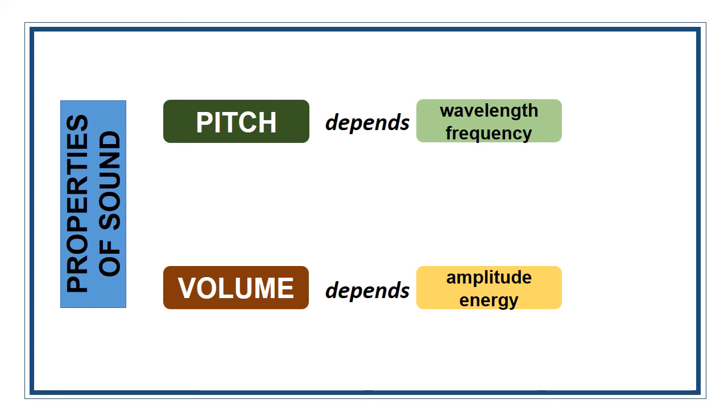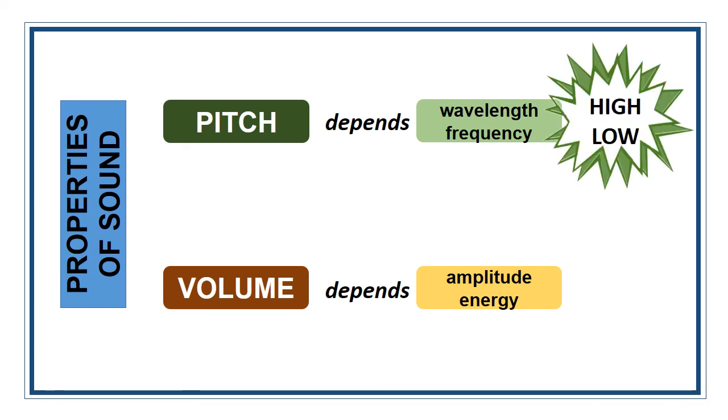And when we talk about pitch, we are going to use these two words, high or low. Okay, so this is a high sound and this is a low sound.